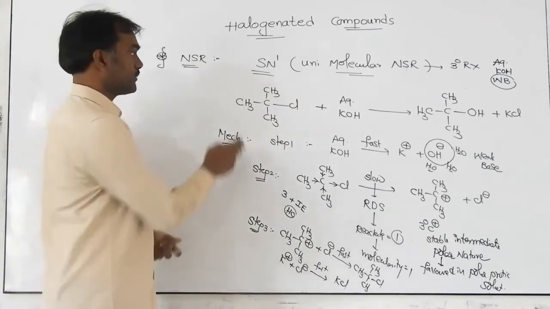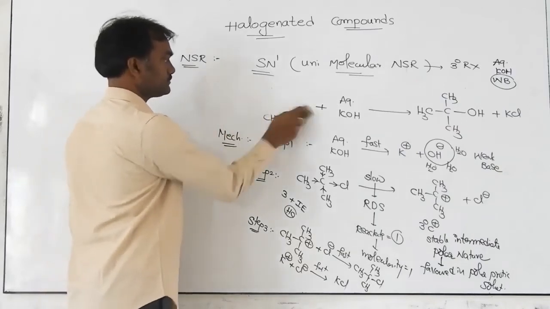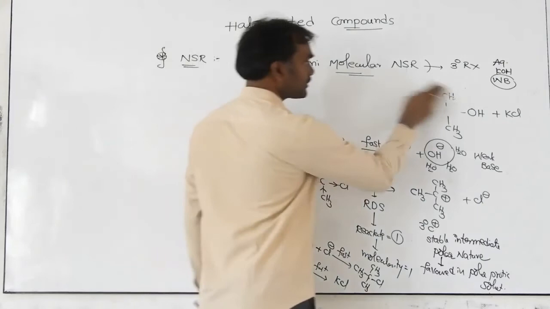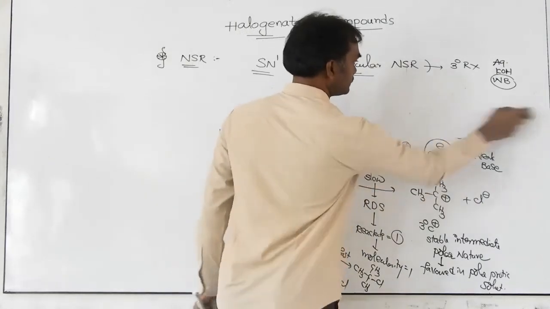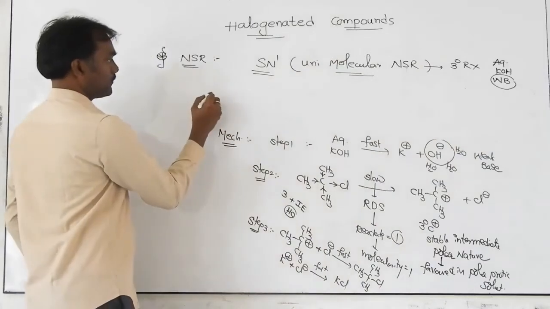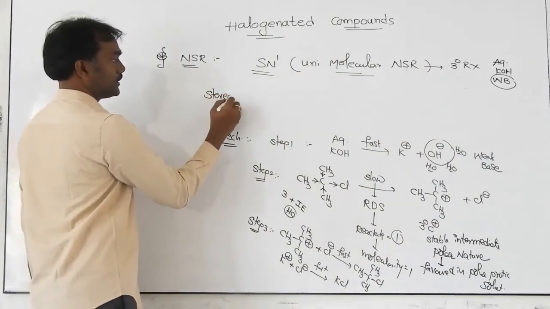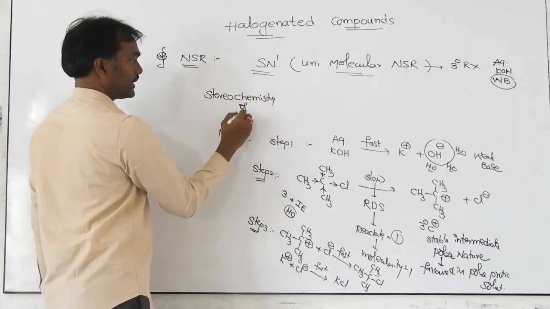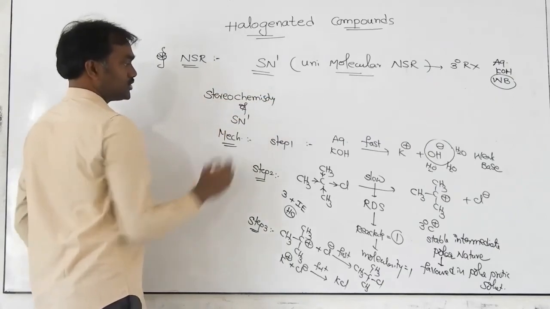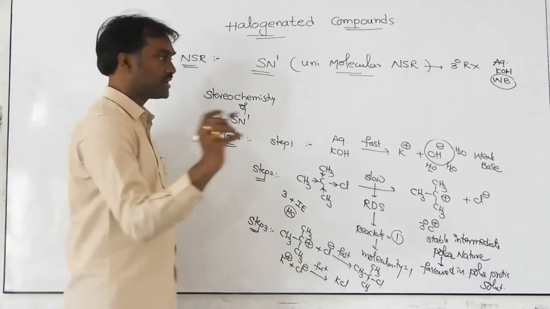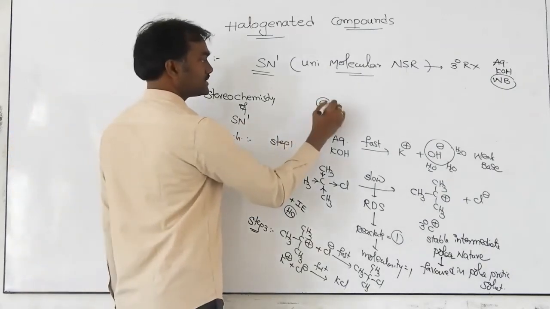Now the stereochemistry, which is also important. So stereochemistry of SN1. Stereochemistry means optical nature. You take 4 different groups, with carbon central.